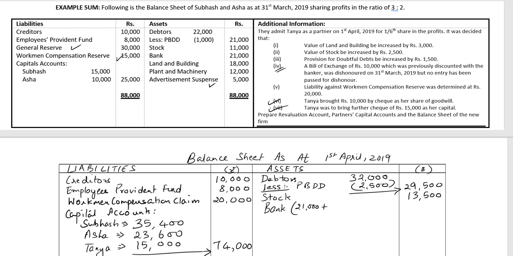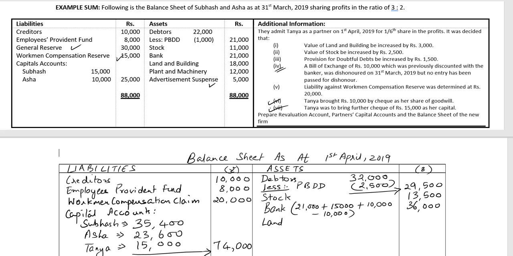Tanya brought in capital of rupees 15,000. She brought in premium for goodwill of rupees 10,000 by check. However, in point 4, the bill of exchange which was dishonored, we need to deduct rupees 10,000 from the bank account. So now we have 36,000 as the final bank account figure.